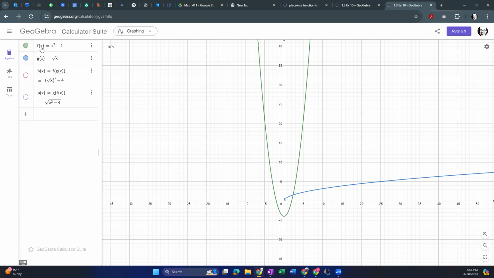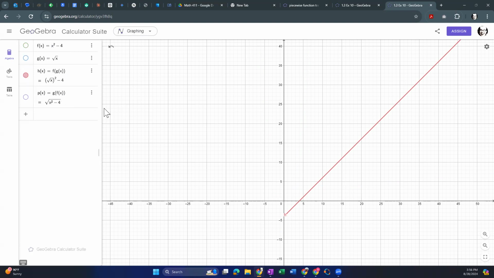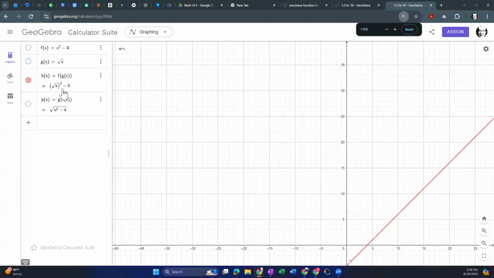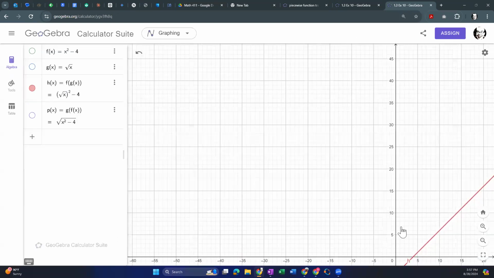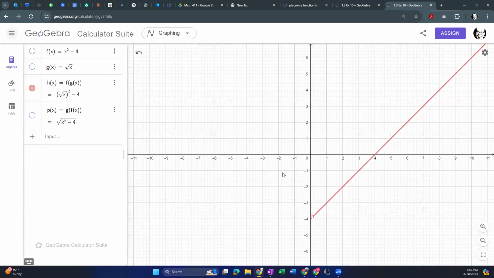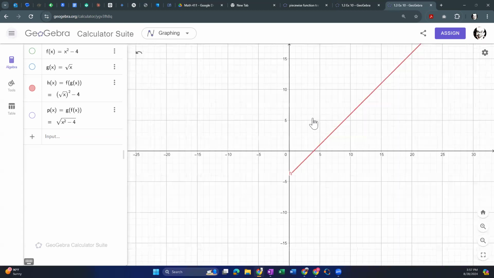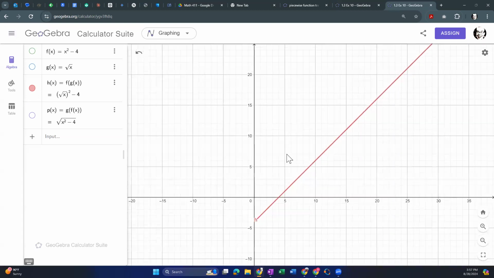Okay, here are the original f of x and g of x that we started off with. One's just a parabola, one's a square root function. And then here we can look at, actually, I wanted to make this a little bit bigger for you all so that you could see that better. Didn't want to mess this up. Boom. So this is what it looks like when you have basically just x minus 4. Do know that since we took the square root of x, this does have a restricted domain.